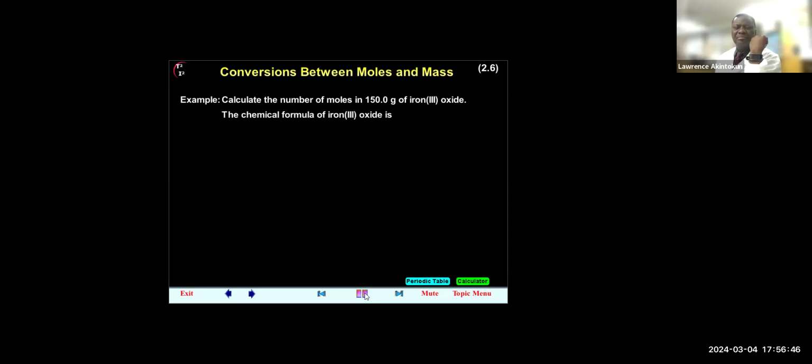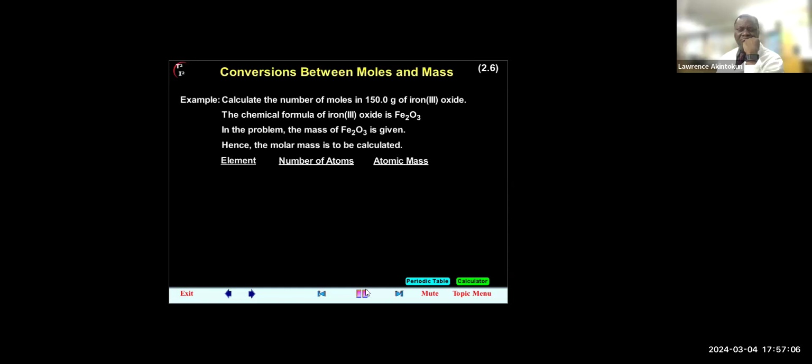The chemical formula of iron, Roman numeral 3, oxide, is Fe2O3. In the problem, the mass of Fe2O3 is given. Hence, the molar mass is to be calculated.